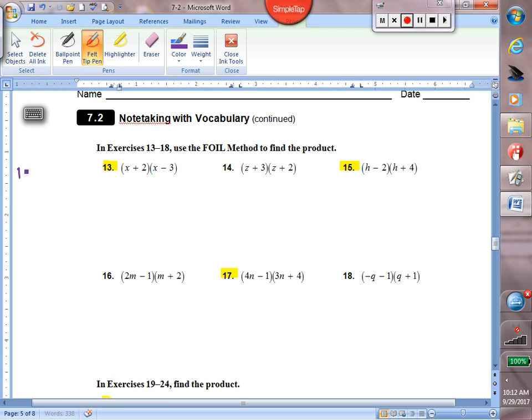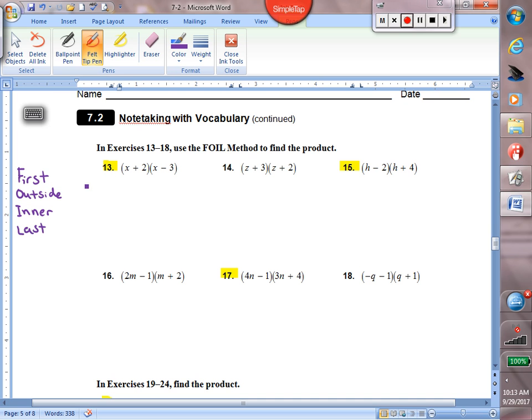What FOIL stands for, FOIL is an acronym, which means each letter stands for a specific step. The F stands for first, the O stands for outside, the I stands for inner, and the L stands for last.